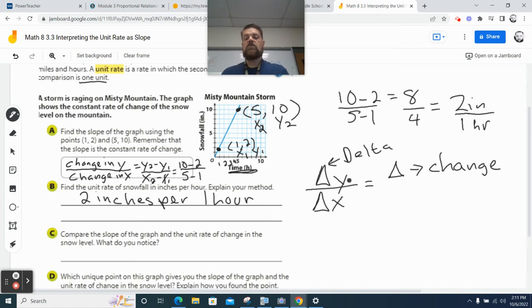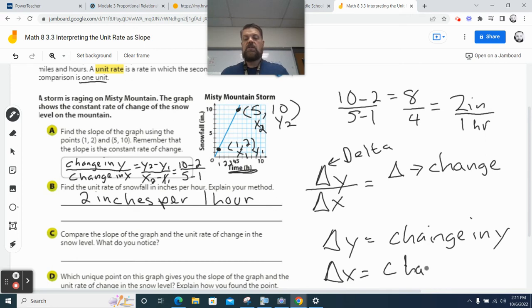So if I say delta y, that just means change in y. And delta x means change in x. We're going to do this so much that you'll memorize it by the end of the school year.